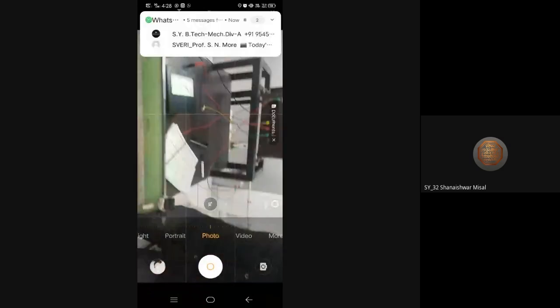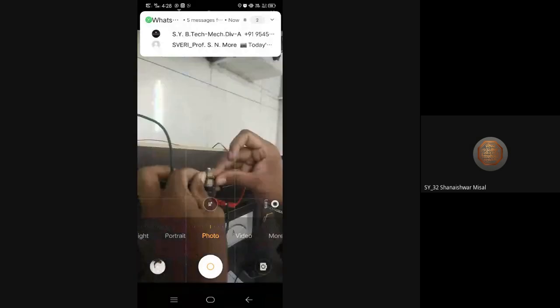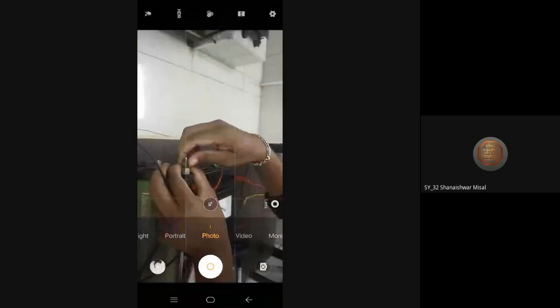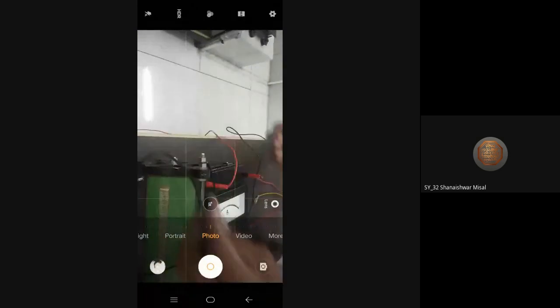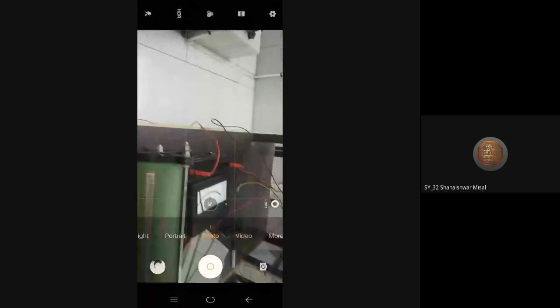Then the second terminal I will take from this point, and I will connect this to the A1 of the motor.